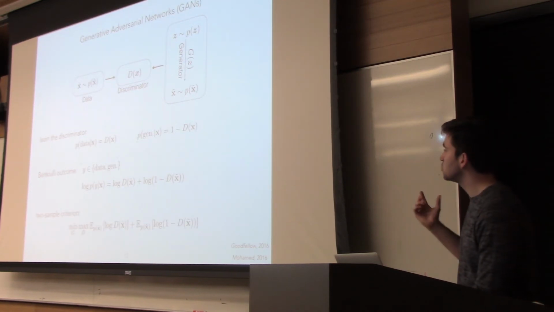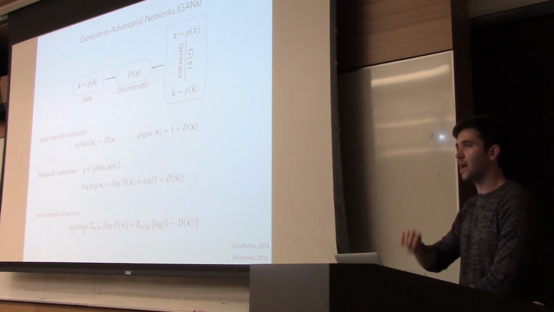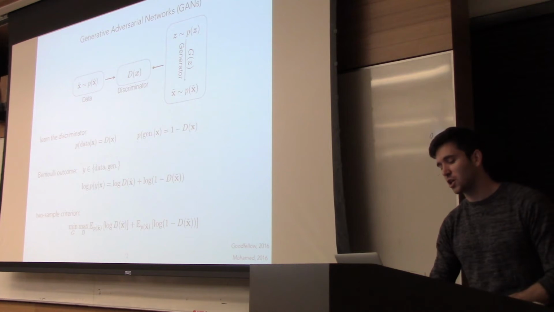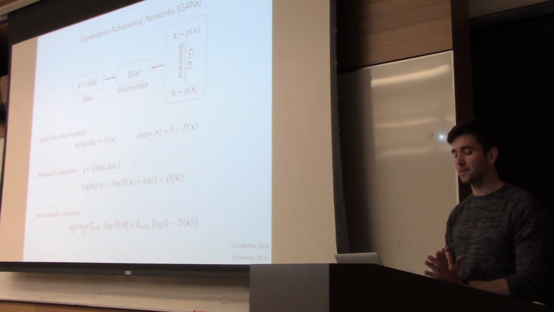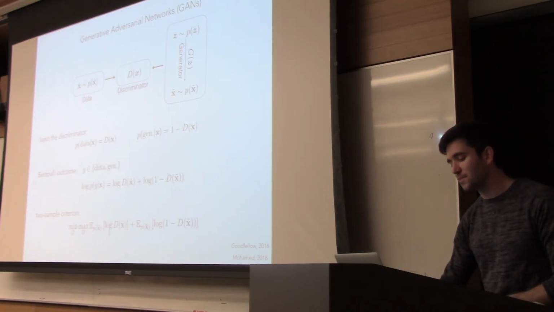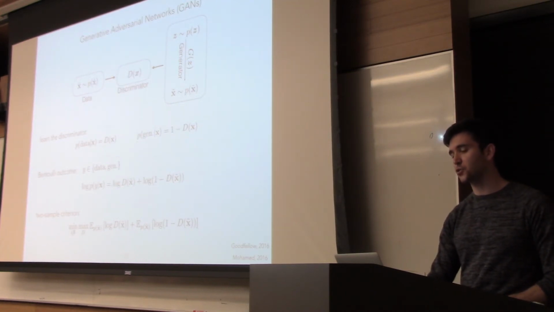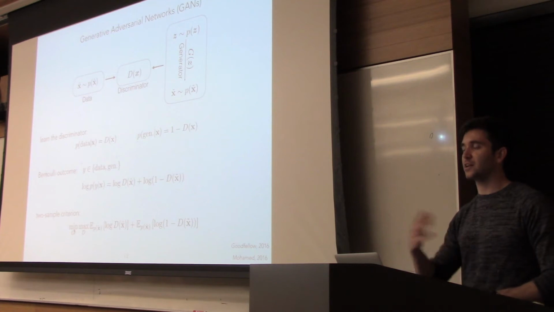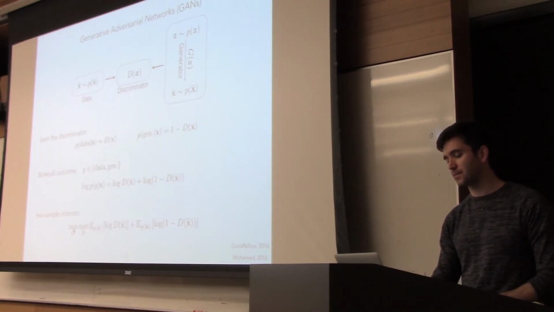And this gives you a way of actually training both the discriminator and the generator, in which you're trying to maximize over the discriminator the probability of being able to distinguish between the data distribution and the generated distribution, and the generator is trying to minimize that probability that it's actually going to be recognized or discriminated.